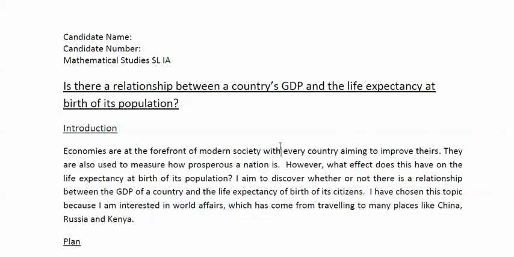I think one person did something about crime rates across America and the different states, and looked at, I think it was, the employment of each state and crime rate, which is really good, because there was a big problem in America with people getting shot.